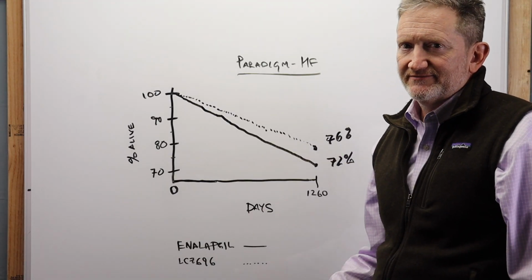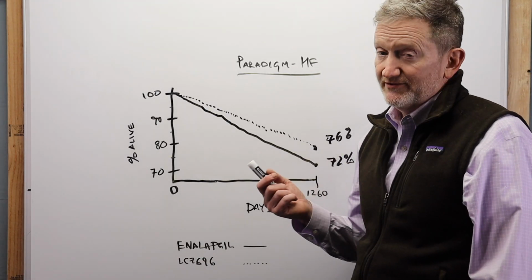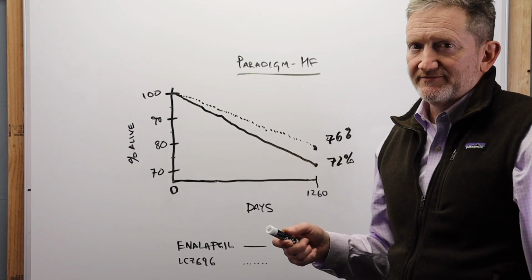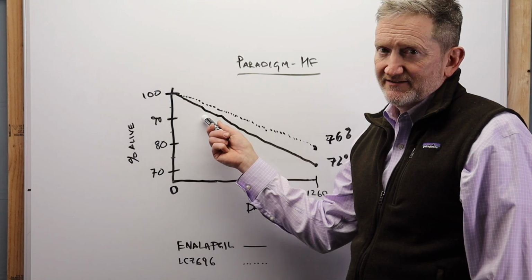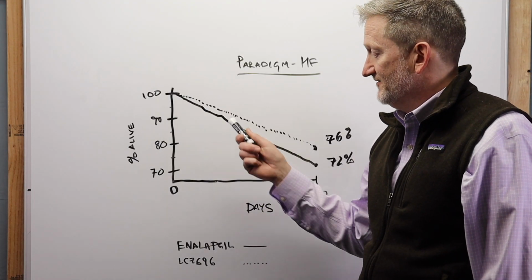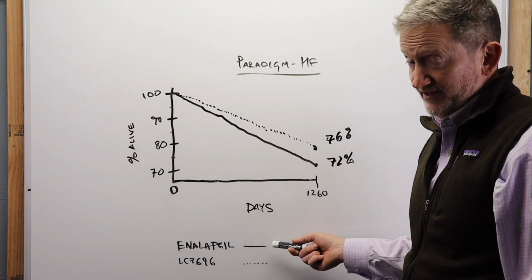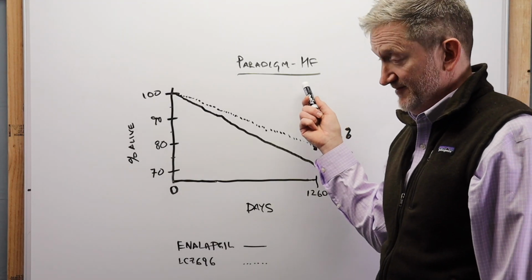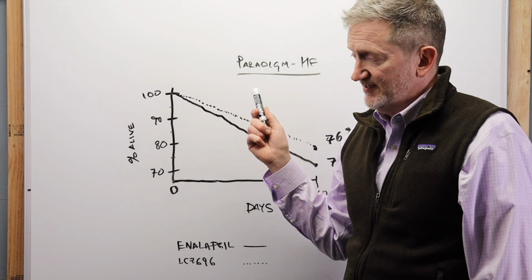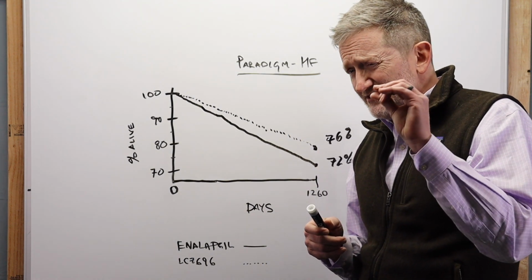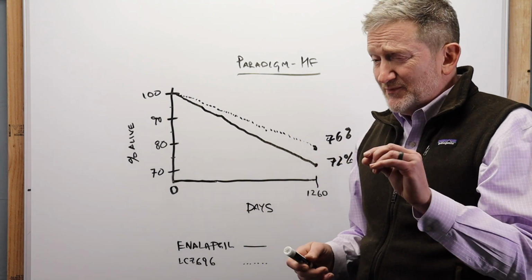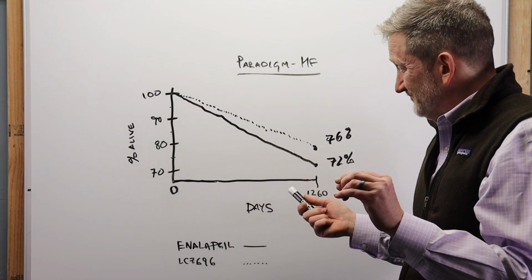Here's what I'm going to do with you, if you're willing. Together, we're going to figure out the daily risk faced of dying for each patient who took enalapril in the Paradigm HF trial. Every day, each of the patients faced a very small but real possibility that they could die.